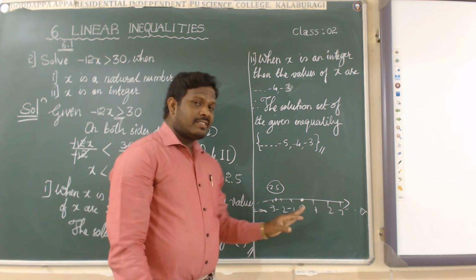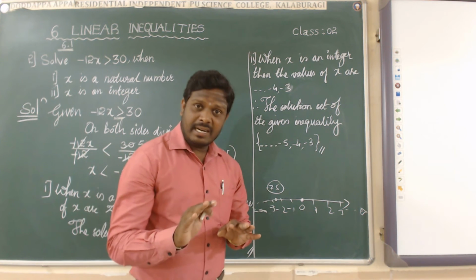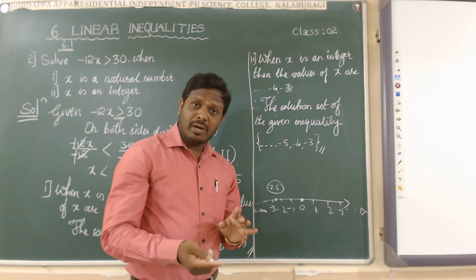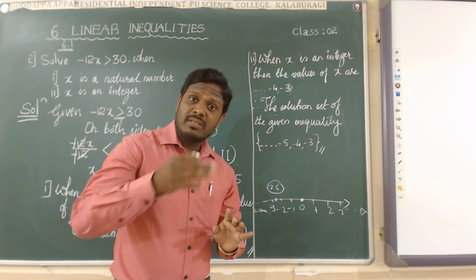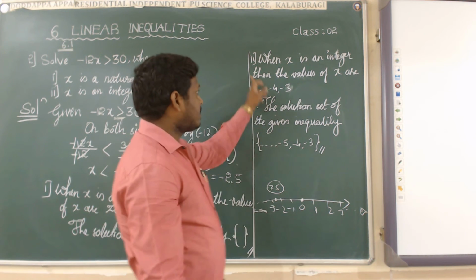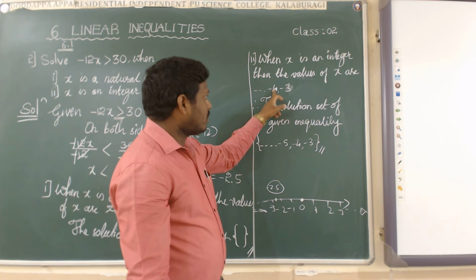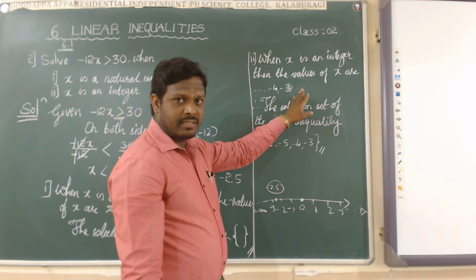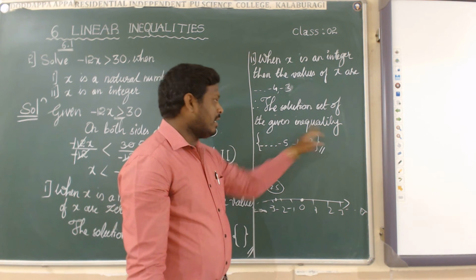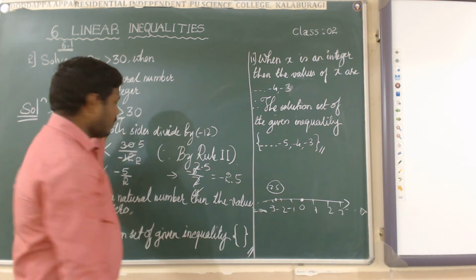In the integer set we can see only all counting numbers, 0 and all negative counting numbers. That's why I am taking the solutions of x here, minus 4, minus 3, and so on. Only this I am writing in the solution set of the inequality. In this way you can write the solution set of the given second question.